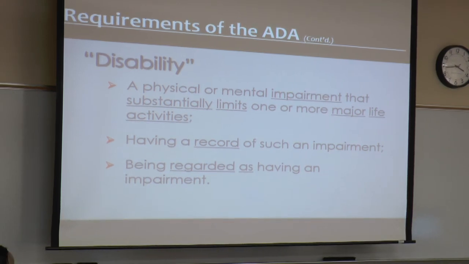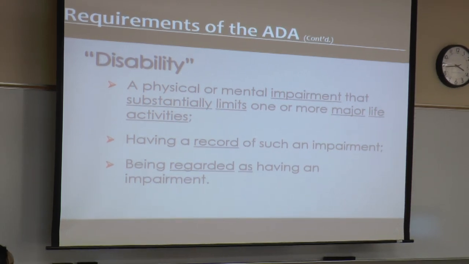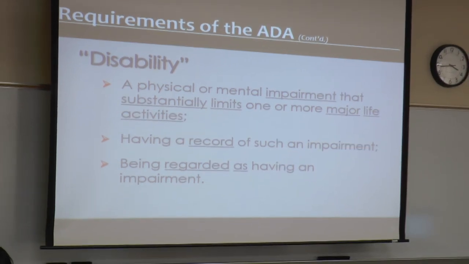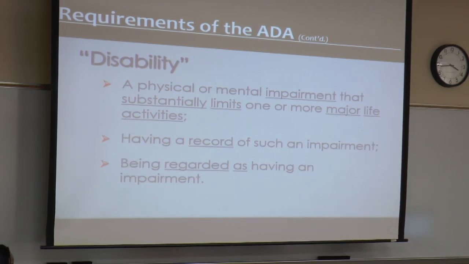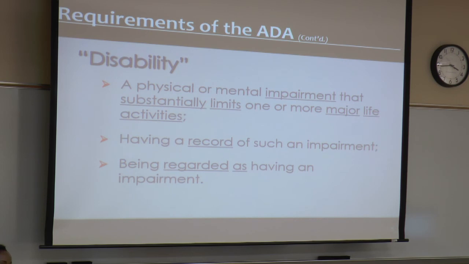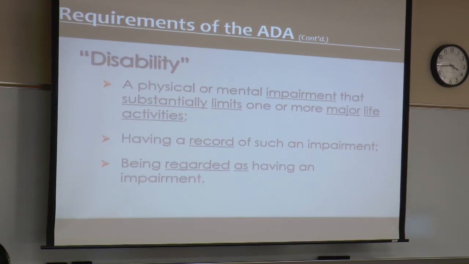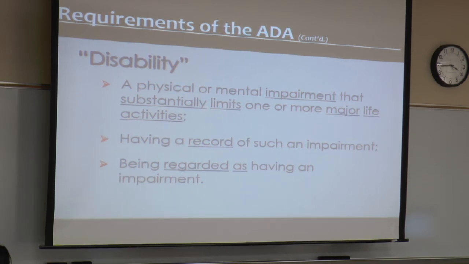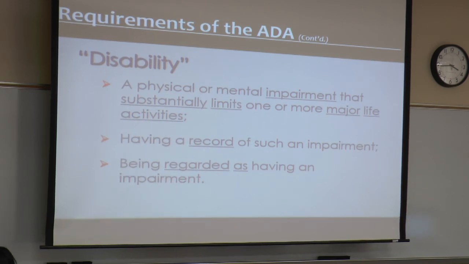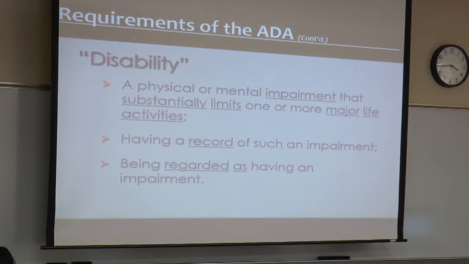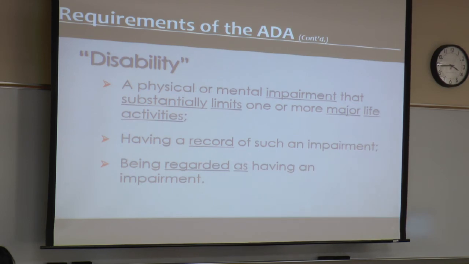Having a record of such an impairment, which could mean that they had a history of cancer or some other disabling disease that they're not currently suffering from, but they have a record of it, and if that is known, you are not allowed to discriminate against that person for their record of having a disability, or being regarded as having a disability.